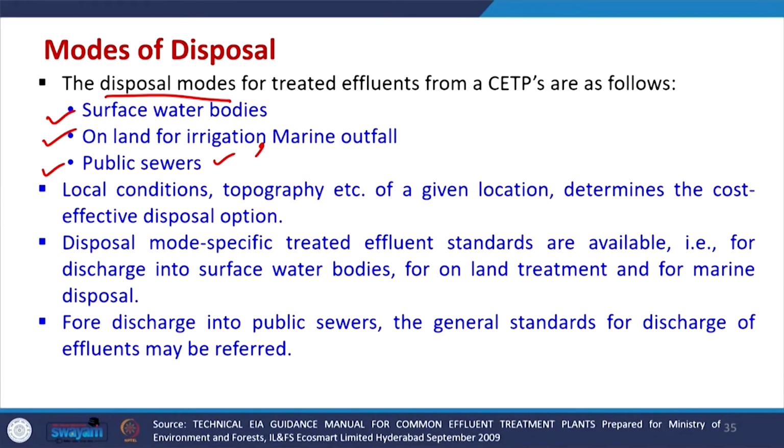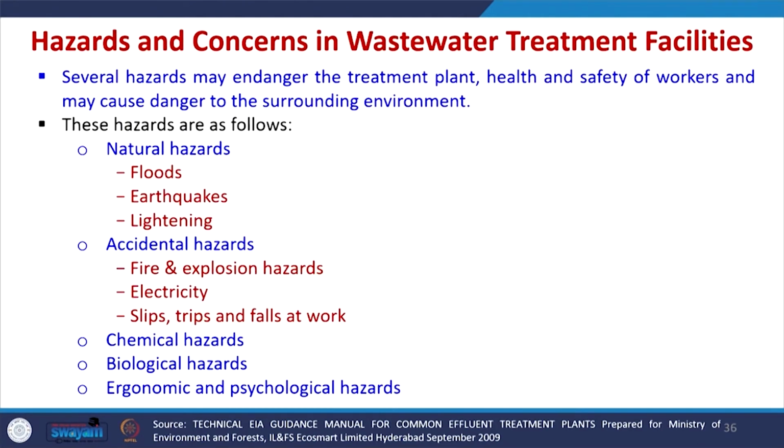Specific treated effluent standards are always available depending upon the industry. There are specific discharge standards for different types of industries, and based upon the treatment that they do, they can discharge to any of these places.